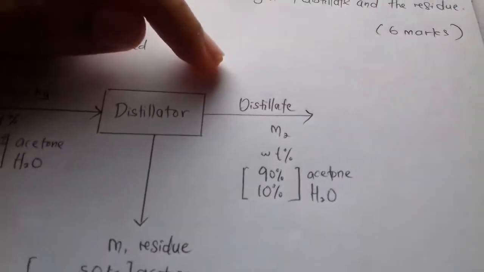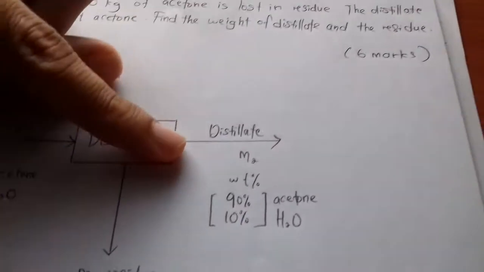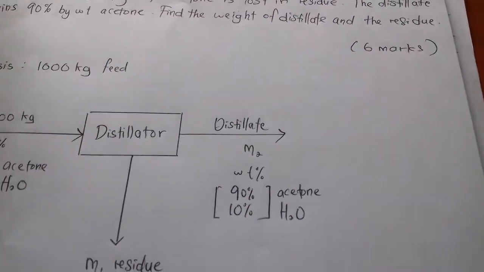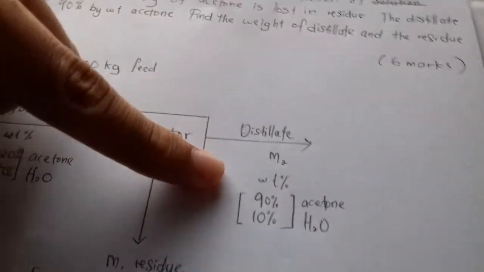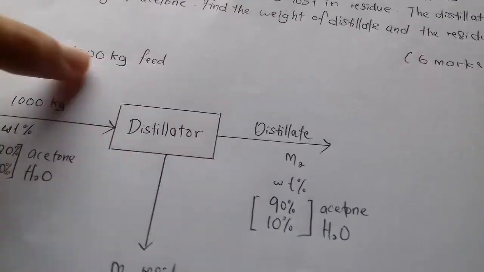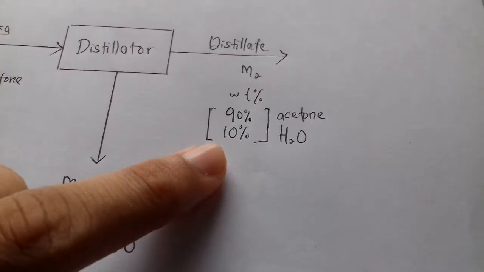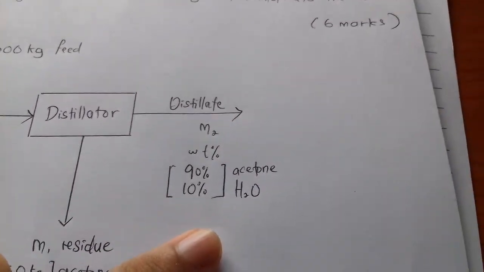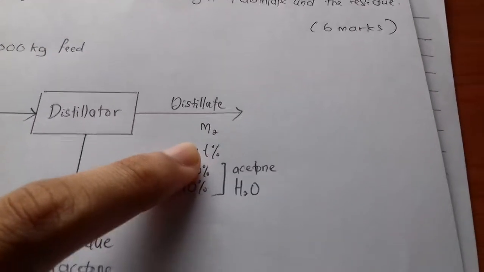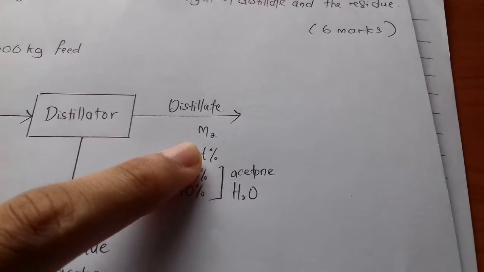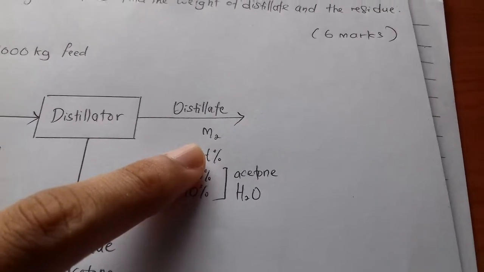Okay, so for the distillate outlet, we have 90% of acetone, which was taken from the question, and that leaves us with 10% of water. Also, M2 is one of the variables that we need to find in this question.